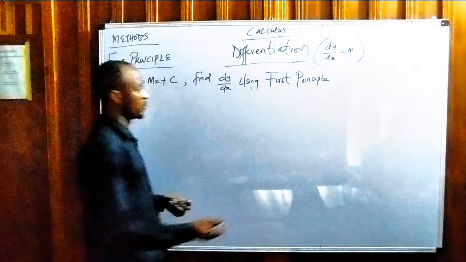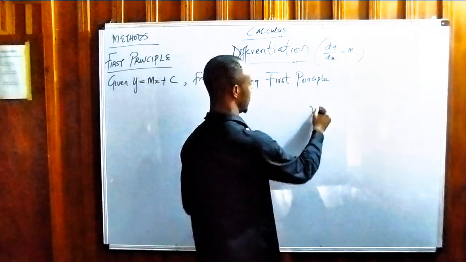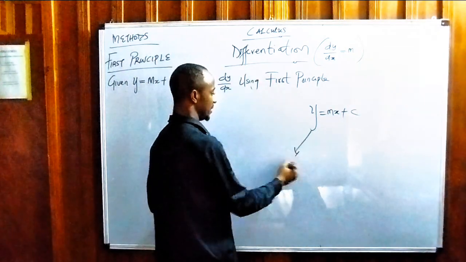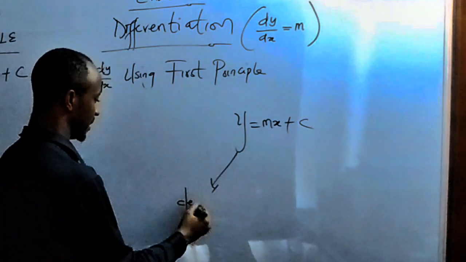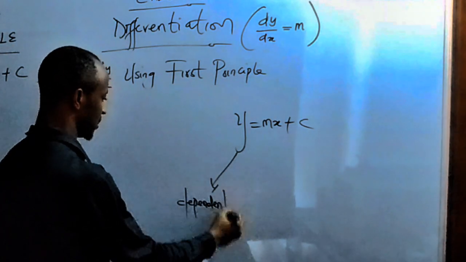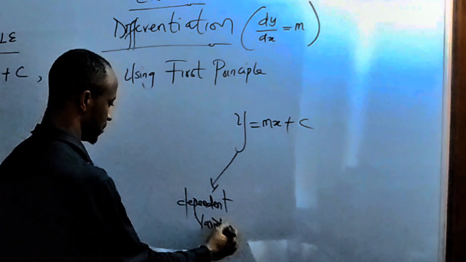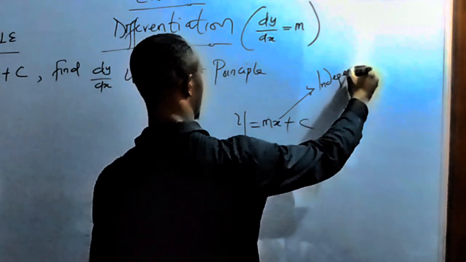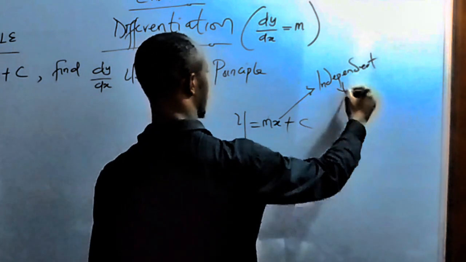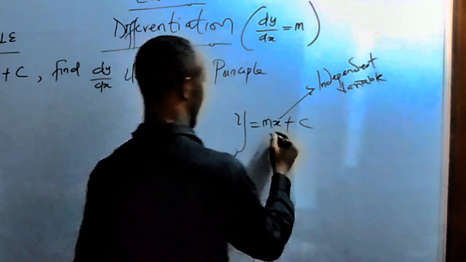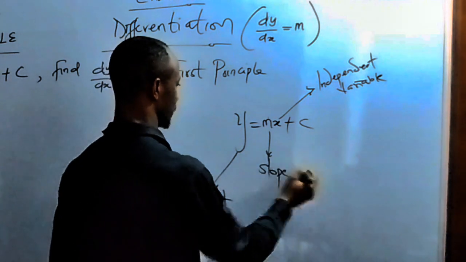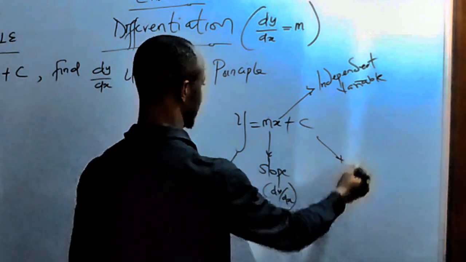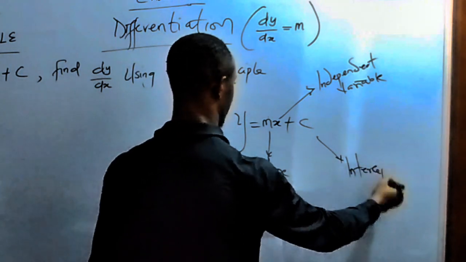We all know that the general form of a linear function is y equals mx plus c, where y is called the dependent variable, x is called the independent variable, m is our slope, which is our dy/dx, and c is called the intercept.